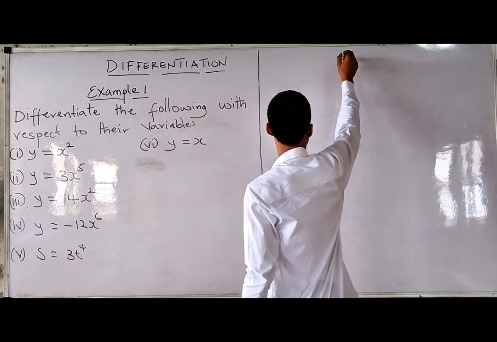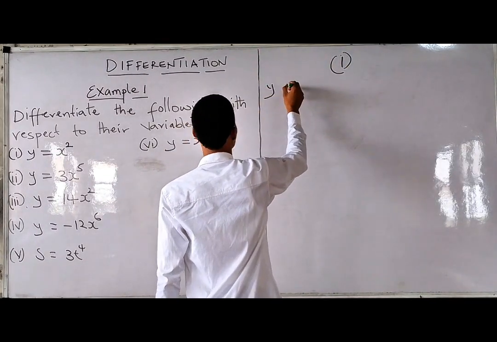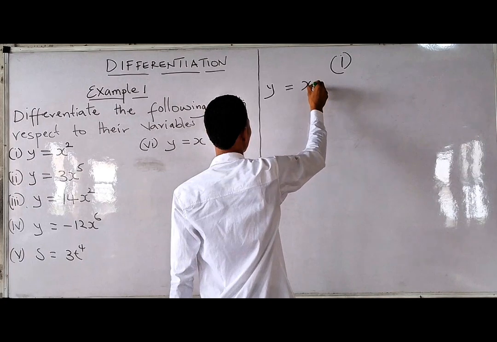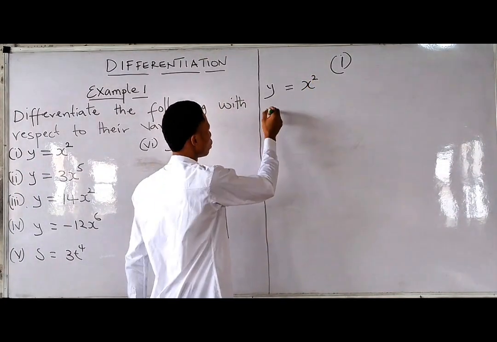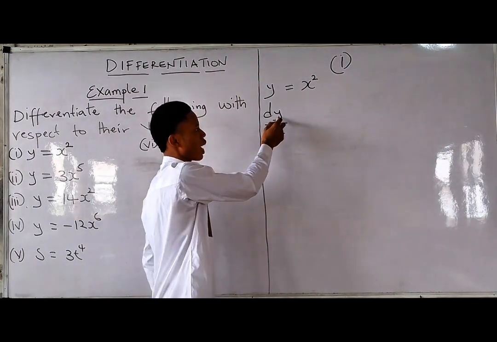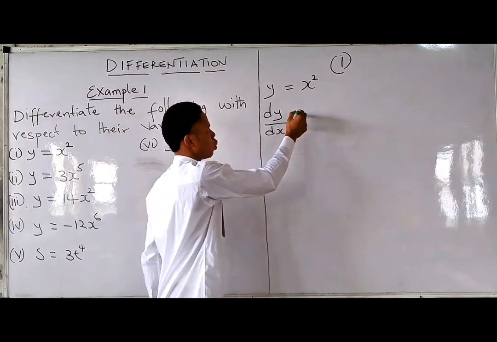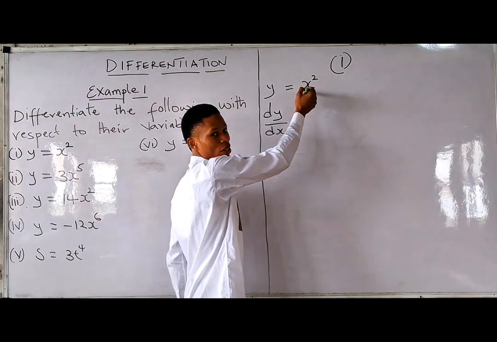We are asked to differentiate y equal to x squared. Now remember, if you are differentiating dy over dx, that is, we are differentiating y with respect to x, the first thing you do is bring the power to the side, right?